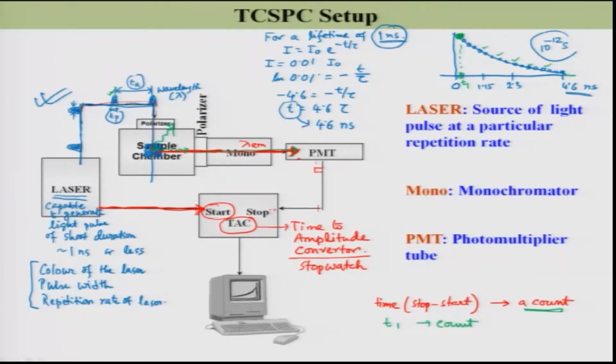Other molecules will also emit at different times, but I am not going to consider those photons for this particular light pulse. What I will do is wait for all the excited state molecules to come back to the ground state. So, I have to give enough time for relaxation.